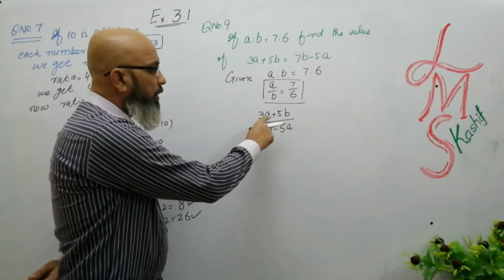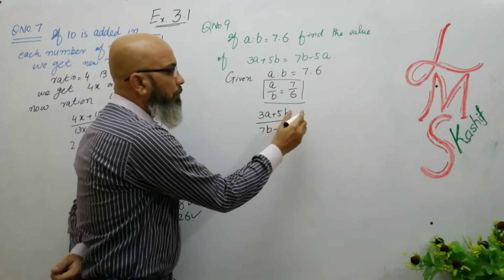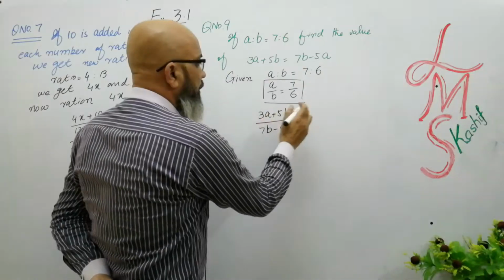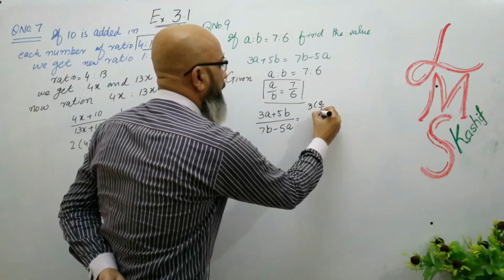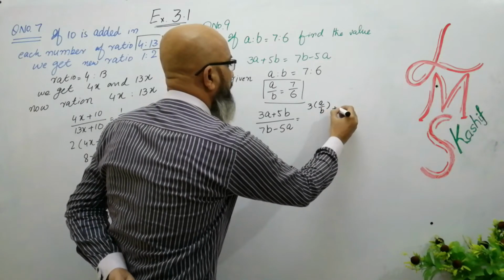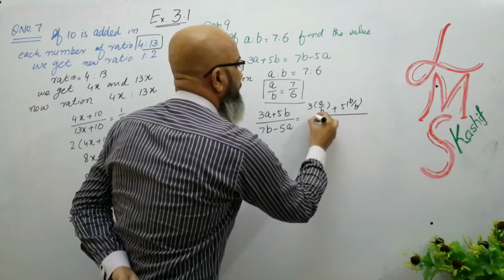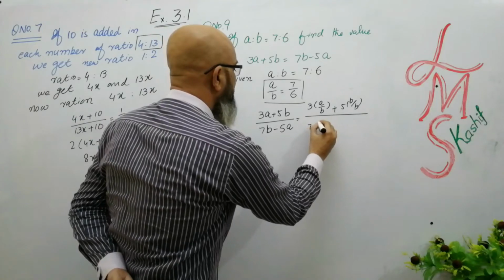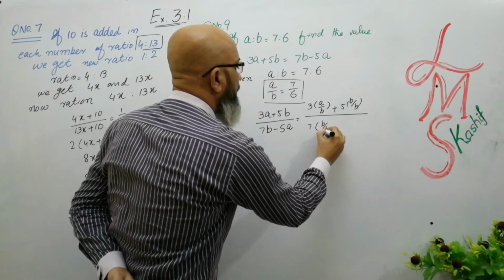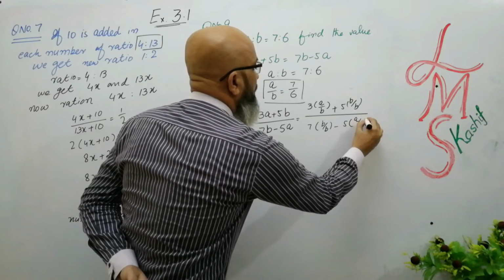So now we will divide both the numerator and denominator with the b. Look here, means 3a divided by b plus 5b divided by b. Similarly, we divide these both values with the b. 7 into b over b minus 5 into a over b.